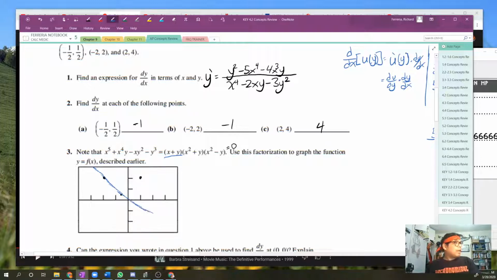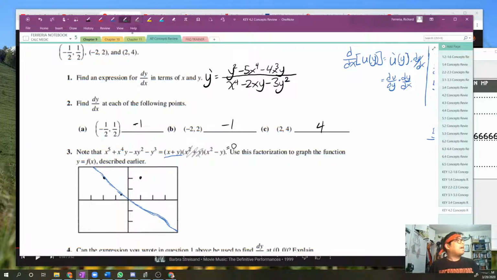So let's just draw that over there. And notice that, well, first of all, notice that I can't draw a line. Second of all, notice that it does go through two of the points over here. The next factor over here, actually, that's never equal to 0. So we don't have to worry about that.